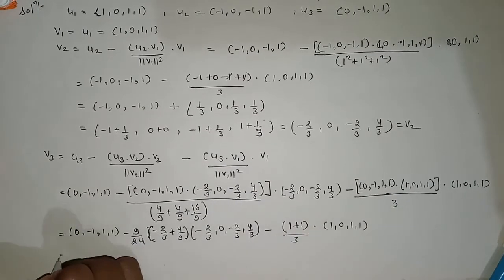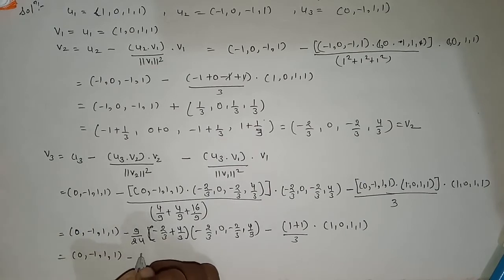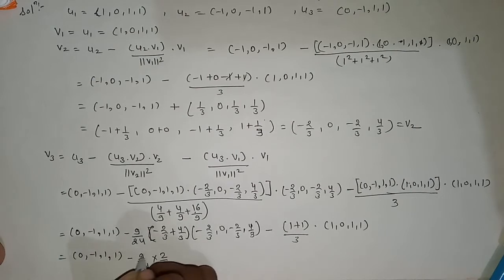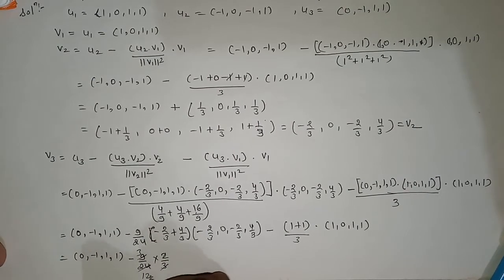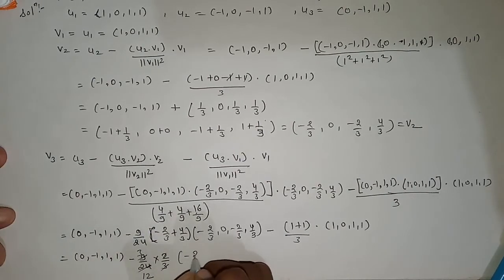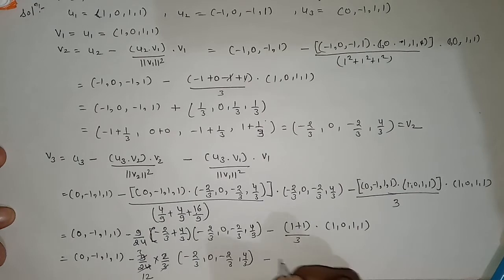So we have (0, -1, 1, 1) minus 9/24 into 2/3, (-2/3, 0, -2/3, 4/3), minus 2/3 (1, 0, 1, 1). 3 threes are 9, 2 twelves are 24.